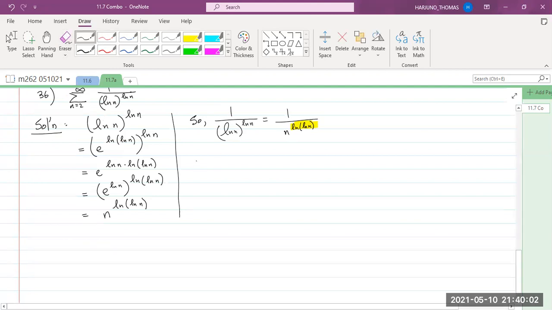So note, let natural log of n be greater than a number greater than 1. Let's say 1.1. So natural log of n will be greater than e to the 1.1, so n will be greater than e to the 1.1.